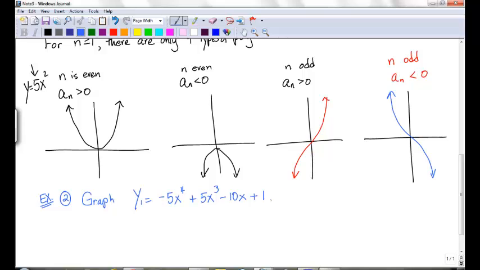Now, before you ever start graphing that and looking at your window, part of the reason they're covering this is so that you know whether or not you're seeing the whole graph. This is an x to the 4th, so it ought to be looking like this, opening, and it's negative, so it ought to be opening down. What is the end behavior model?